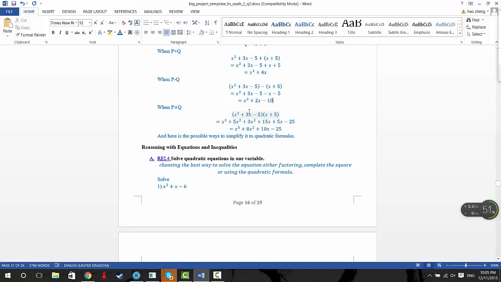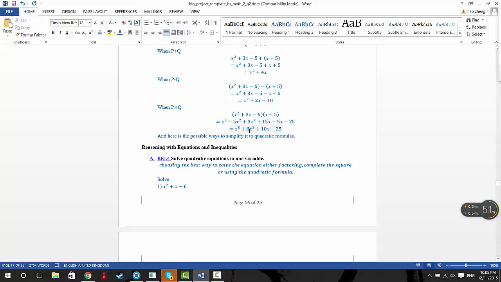And 3x times x, we'll get 3x to the power of 2, and times 5, we'll get 15x, and plus negative 5. Oh my god, this is really confusing me, man. I think something is wrong here. Negative 5 times x, it should be negative, right? Yeah, it should be negative. So we should have negative 5x, and times 5 is negative 25.